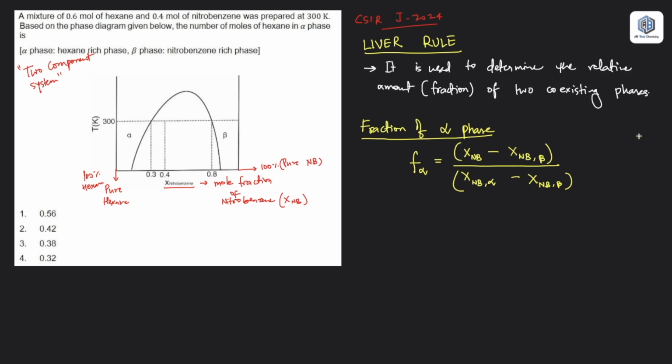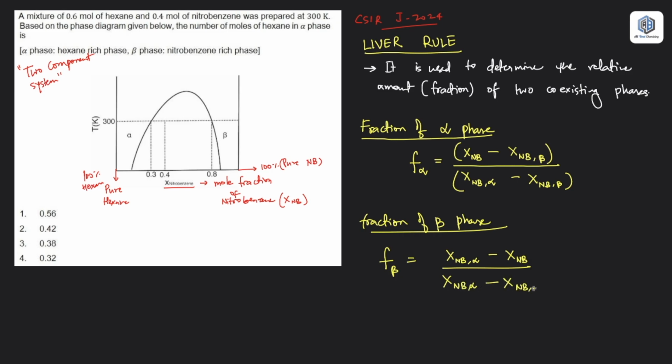Similarly, to calculate the fraction of beta phase, let's call it f beta, this is done in the same way. This will be the mole fraction of nitrobenzene in alpha phase, NB comma alpha, minus the total mole fraction of nitrobenzene, divided by the mole fraction of nitrobenzene in alpha phase minus the mole fraction of nitrobenzene in beta phase.